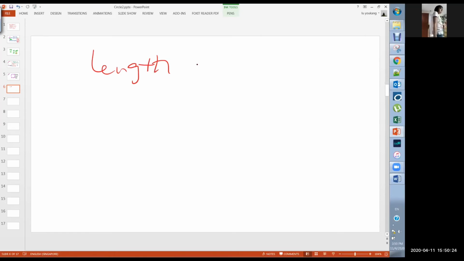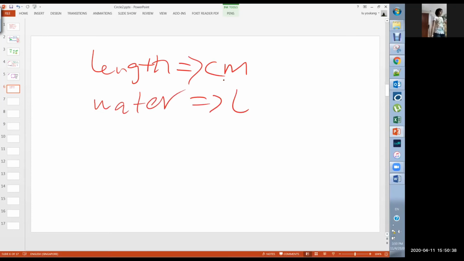L is liter, okay? That one is for water. Length is cm. So what is the unit for area? Yep, cm square. Very good.